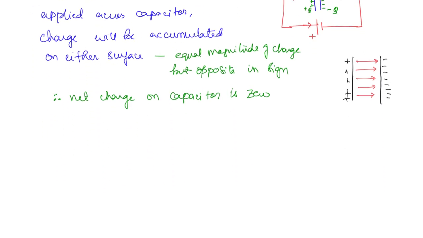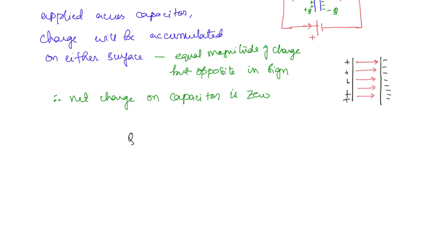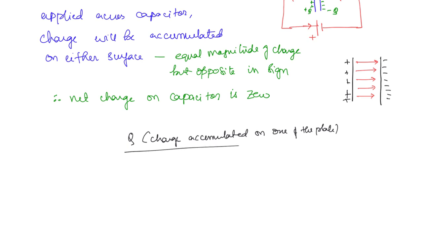Now the charge accumulated on one of the plates is Q, and the potential applied across the capacitor is V. The ratio of this charge and the potential difference is given by C, which is called the capacitance.